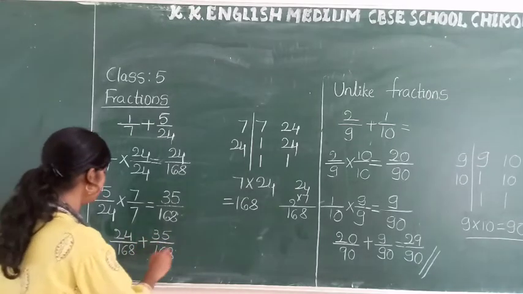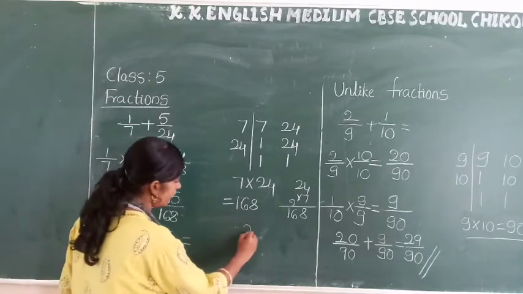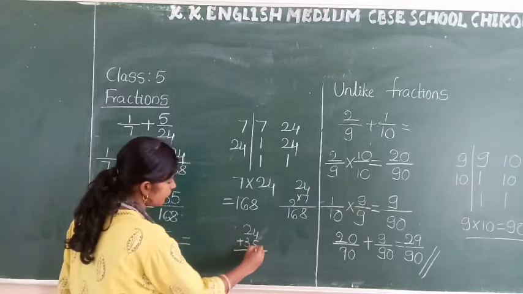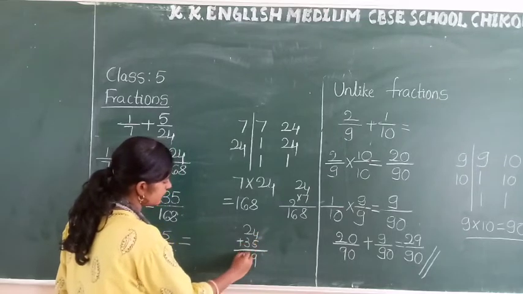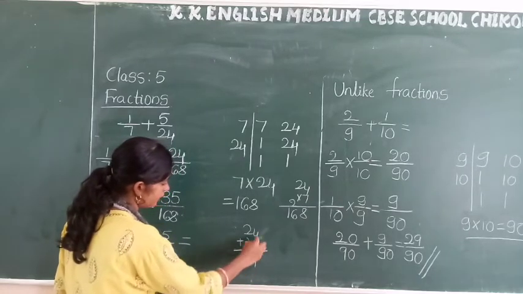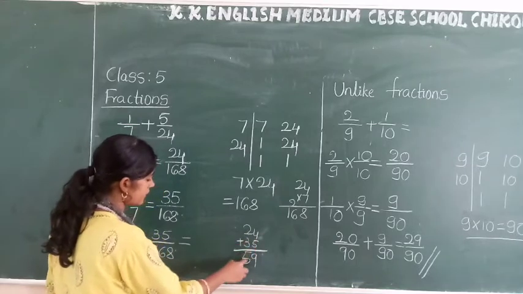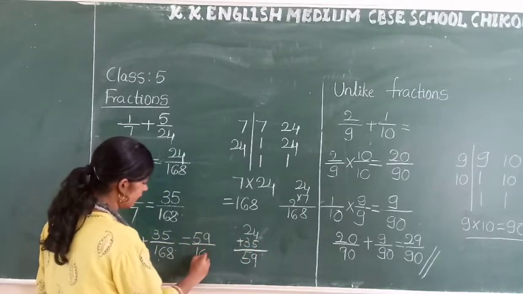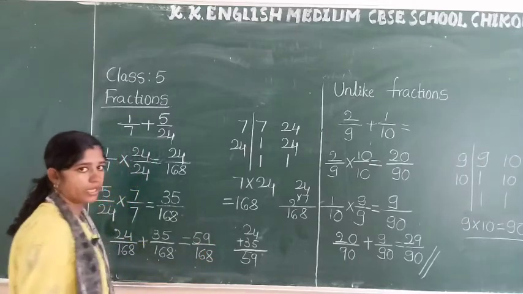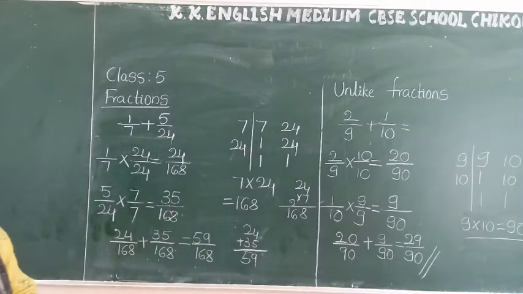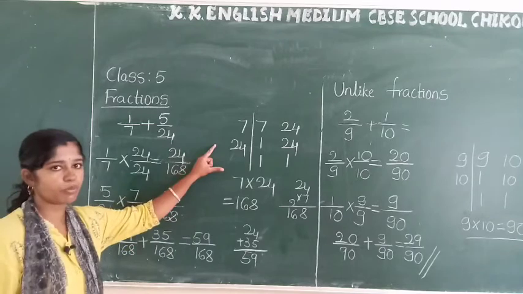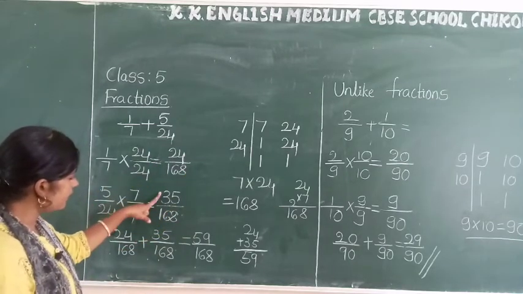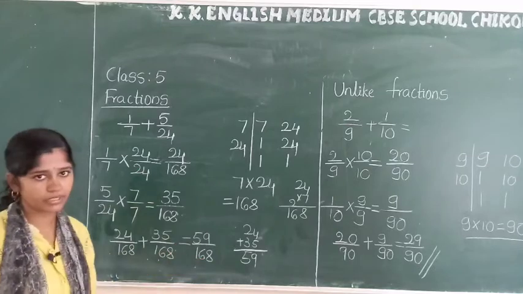Then see, 24 plus 35 how much? 4 plus 5 is 9 and 2 plus 3 is 5. So the answer is 59 by 168. First step, you have to take the LCM and convert them to like fractions, add and write the answer.